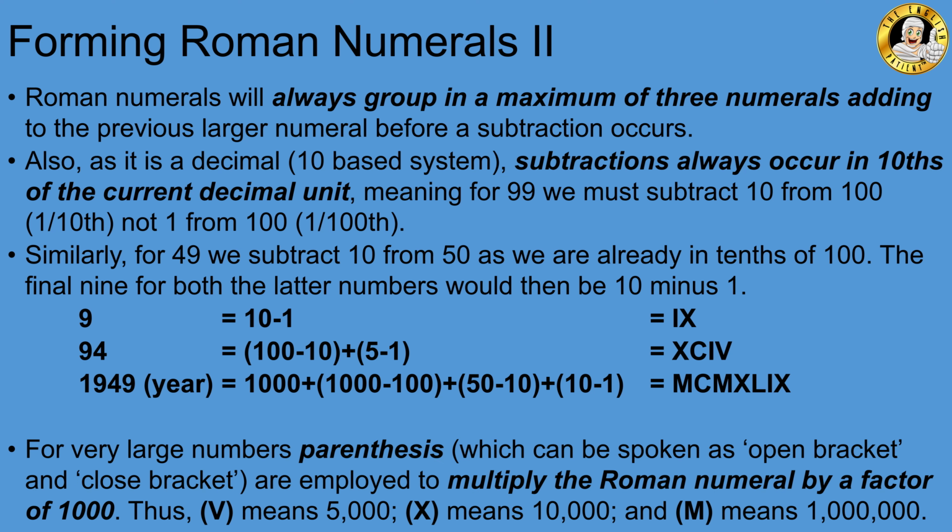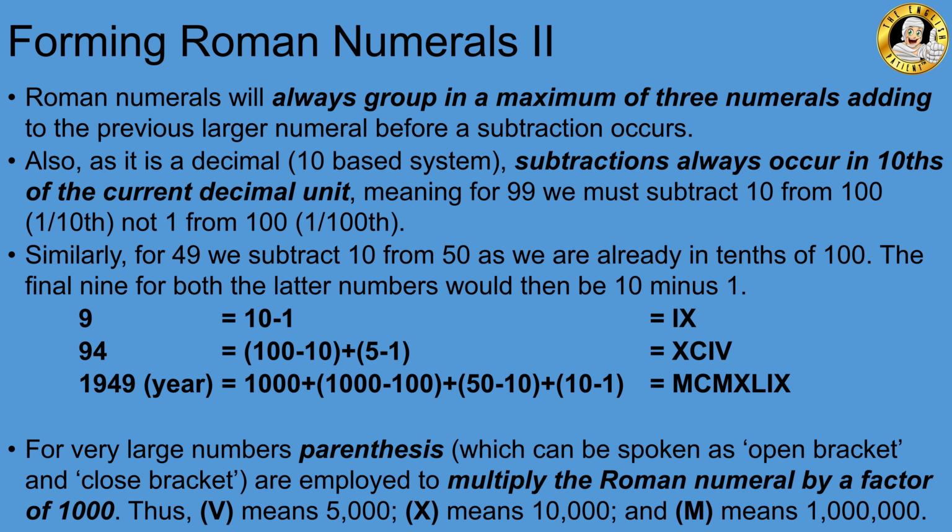Now, for very large numbers, you can use parentheses. If you're speaking, we often call parentheses brackets as well. So when speaking, you might say open bracket and then close bracket after you've finished. And these parentheses are used to multiply the Roman numeral by a factor of 1000.